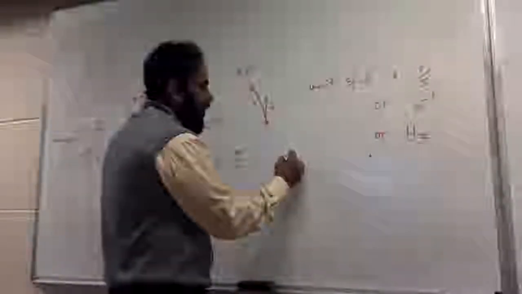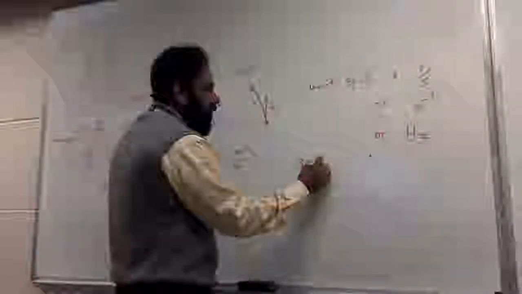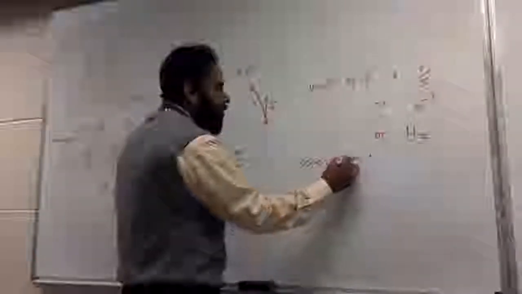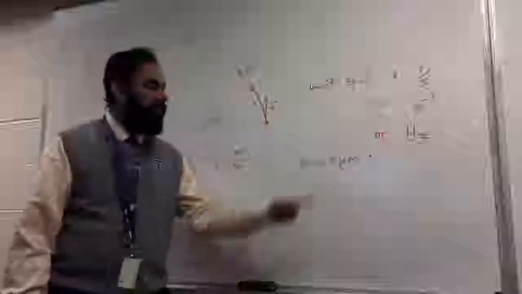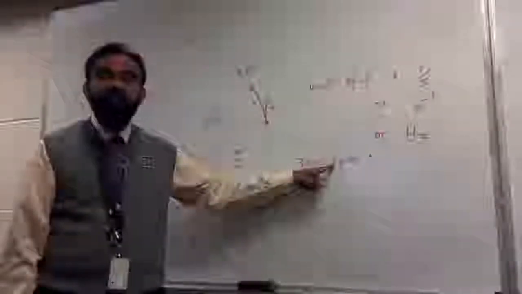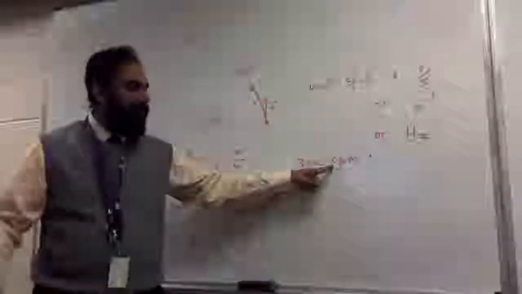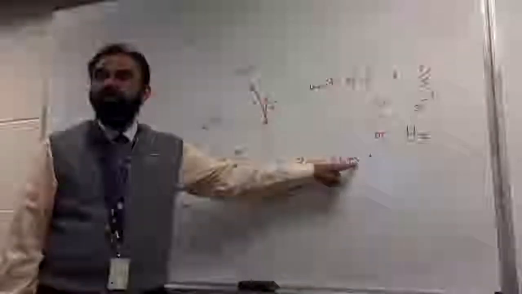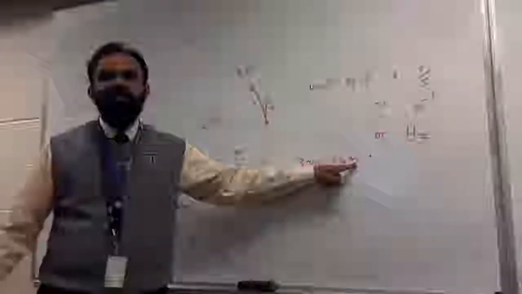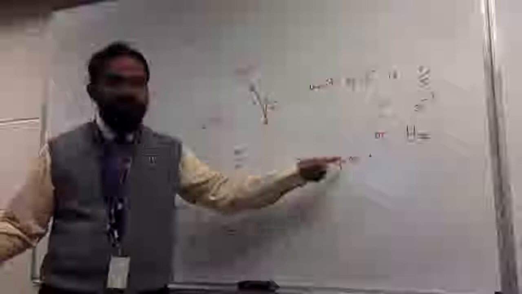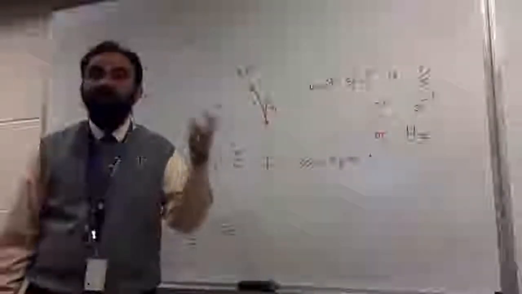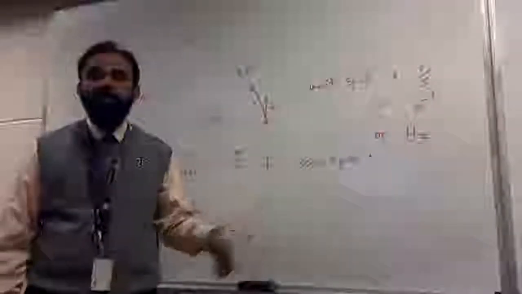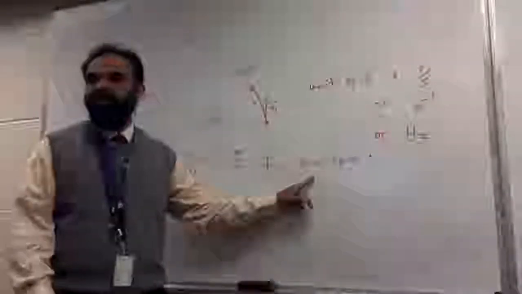So 3000 RPM is basically 3000 revolutions of your engine per minute. Well, that is not an SI unit of frequency. That is frequency, but the unit is not favorable for us. And if you're going to use this frequency in your calculations, you can't use this number.